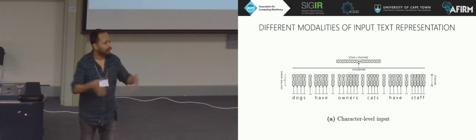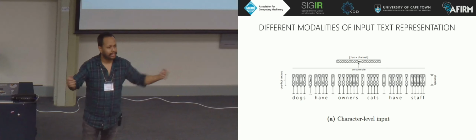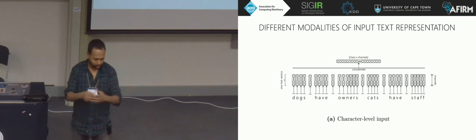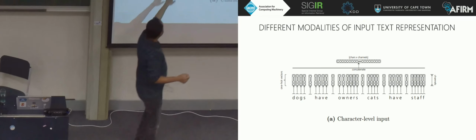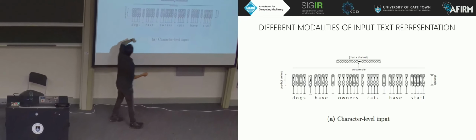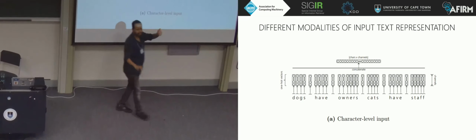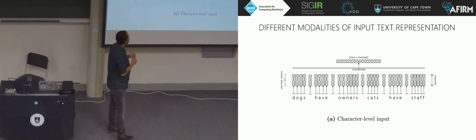So I could come up with a one-hot representation where each vector is of length 37, and each position corresponds to either an English letter, a numeral, or the space character. So I can represent each character by one-hot encoding with a length of 37, which, by the way, I'm just going to call channels here, the 37 being the number of channels in this case.